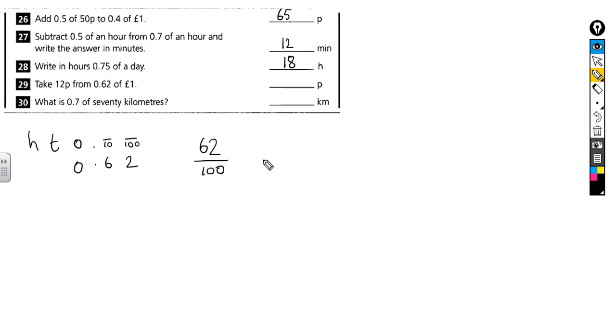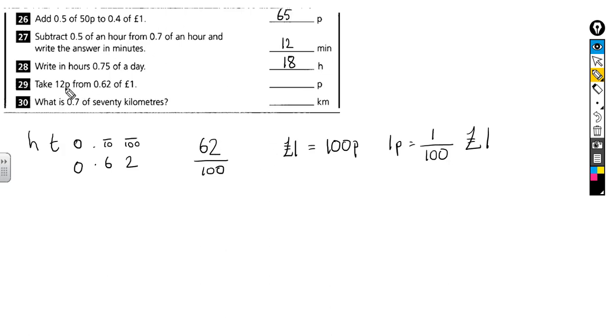So we want 62/100ths of a pound. What do we know about a pound? Remember earlier, 1 pound is equal to 100 pennies, so it's very easy to split it into hundredths here. 1 penny is 1/100th of a pound, so 62/100ths is 62 pennies, 62p.